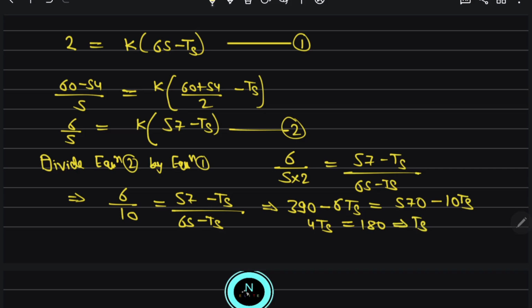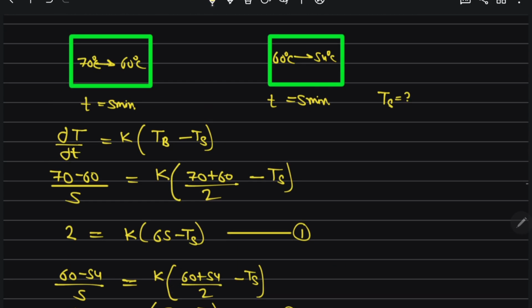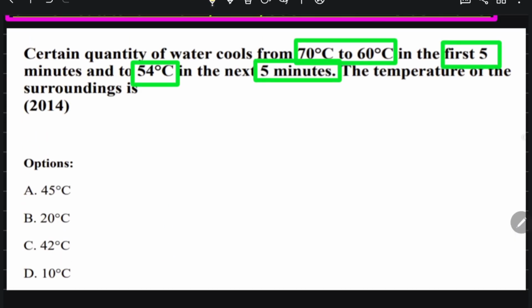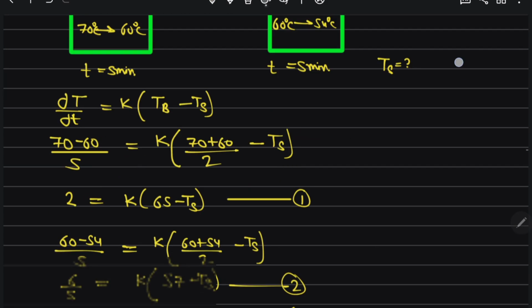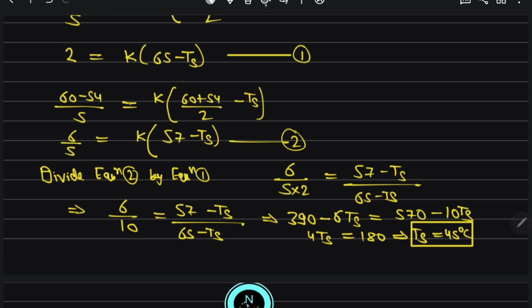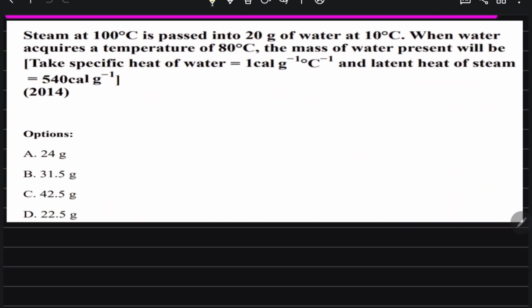So TS is equal to 180 divided by 4, which comes out to be 45 degrees Celsius. So the option is matching: 45 degrees, option first is correct. Now I proceed for the next question.